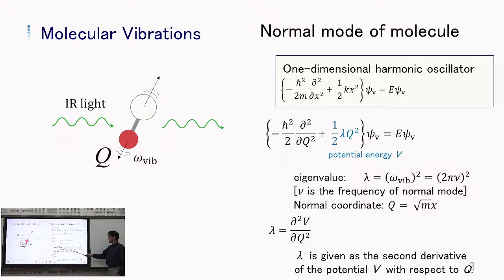Okay, in this case, lambda is the eigenvalue, and this is the square of the vibration frequency. And Q is the so-called normal coordinate, and this is related to the reduced mass of this molecule and the displacement x.